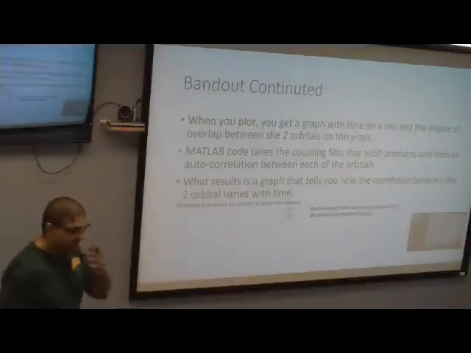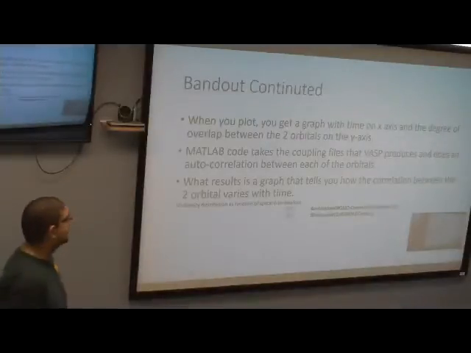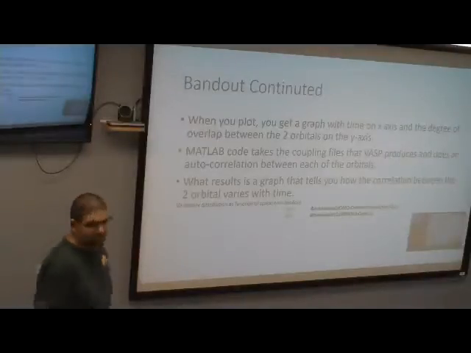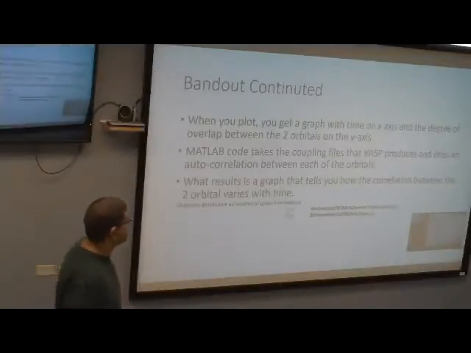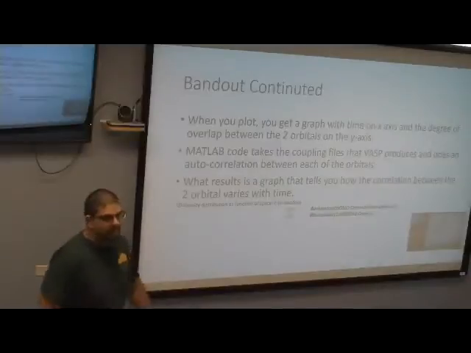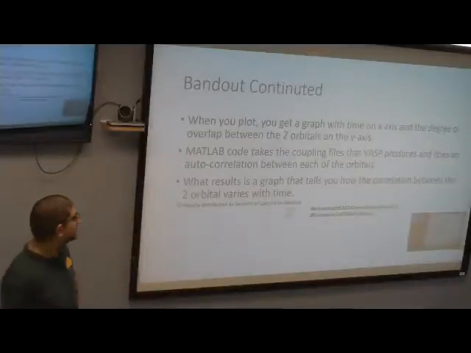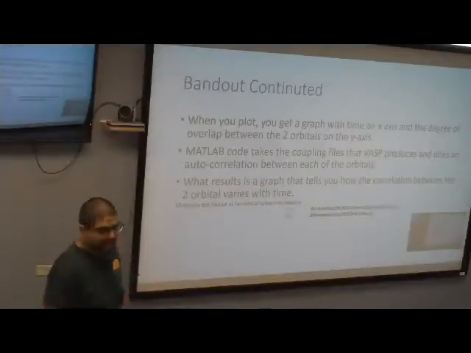All right. So let's finish talking about band out. When you plot, you get a graph with time on the x-axis, and the degree of overlap between the two orbitals you're looking at on the y-axis.